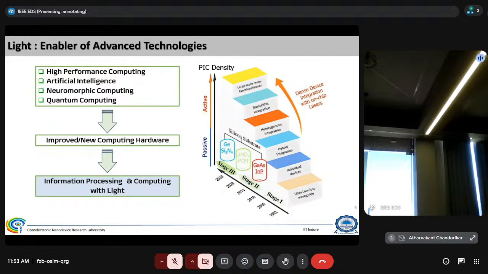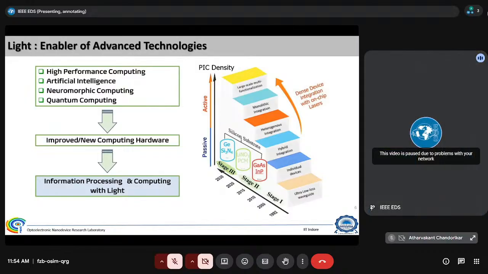They have come up with ultra low loss waveguides, individual devices, then hybrid integration utilizing different materials, not only silicon but germanium, silicon nitride, some other phase change materials, or III-V semiconductors and dielectrics. So you need individual devices, then hybrid integration, then monolithic integration, and slowly people are progressing in this path.